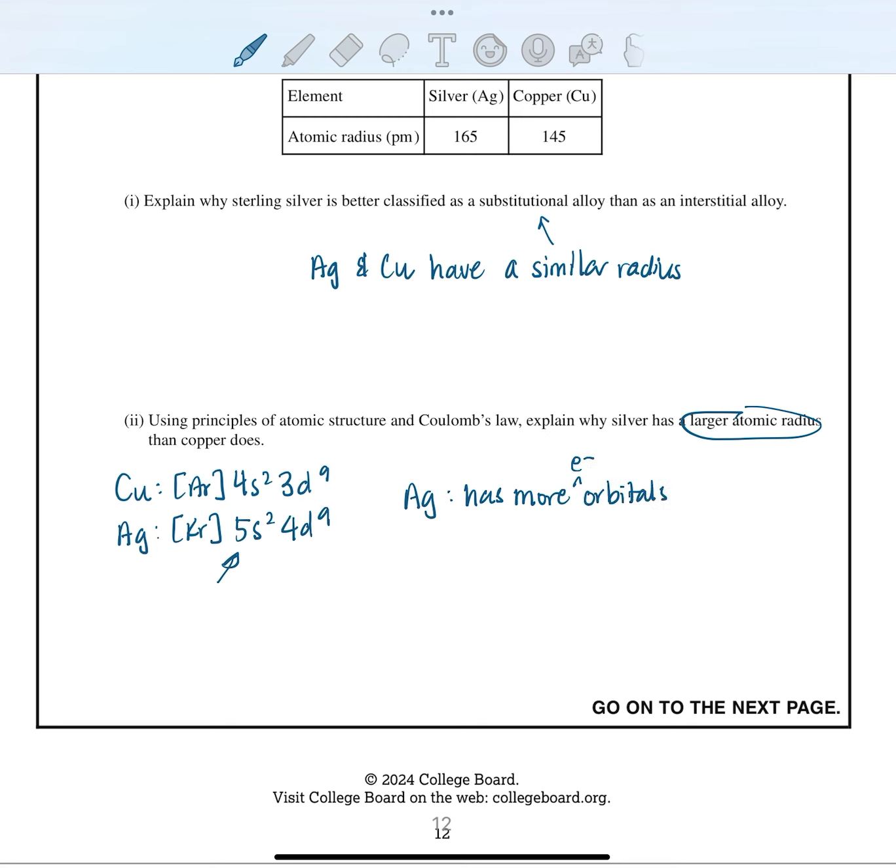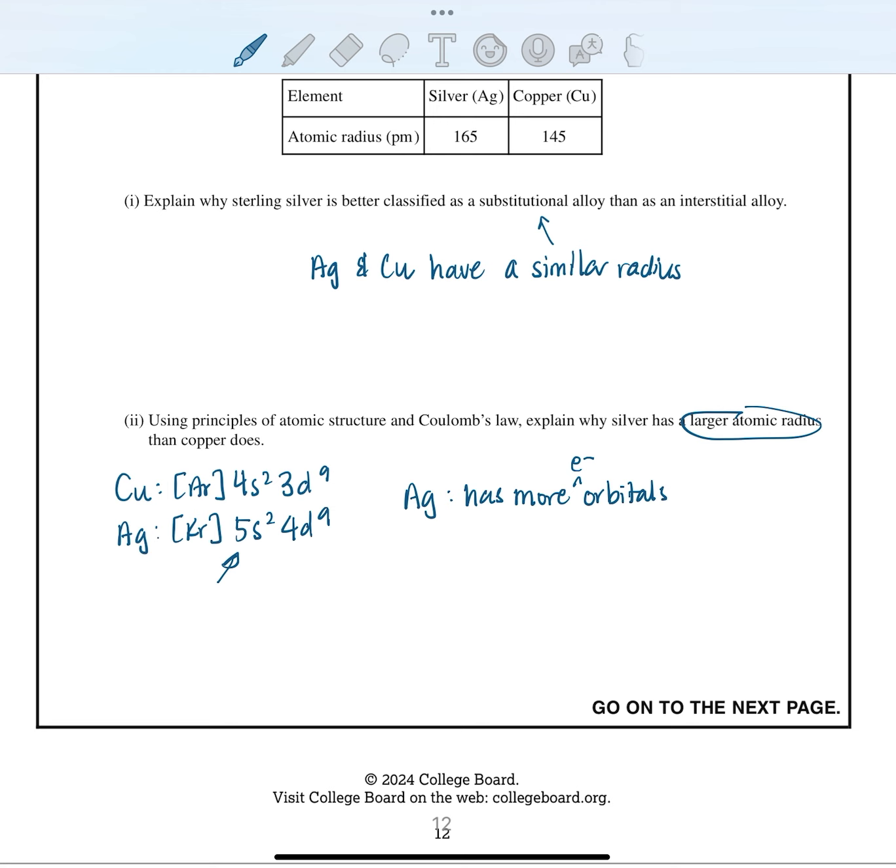Now, in terms of Coulomb's law, we should address that part as well. If I have more orbitals, my valence electrons in silver are farther away from the nucleus than in copper. Why is that relevant?